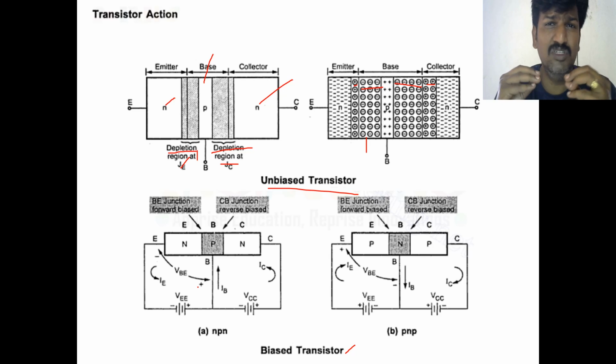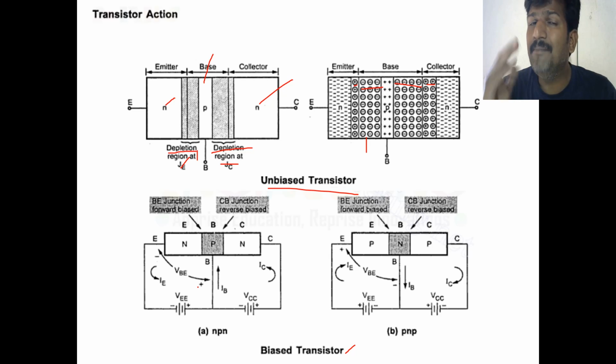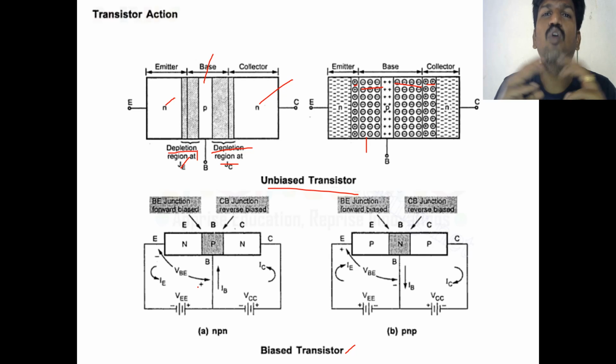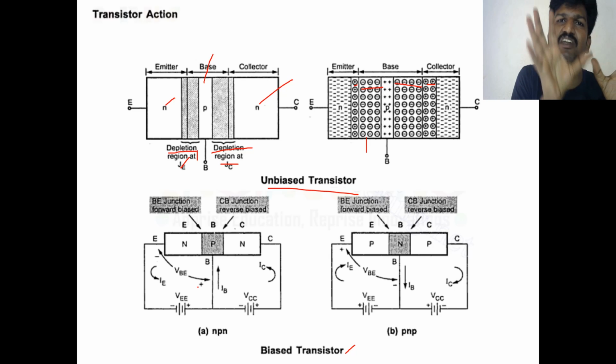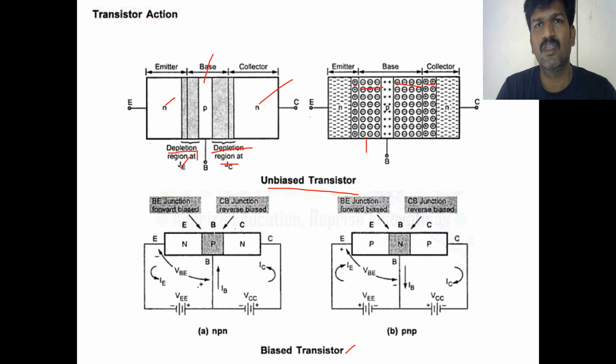One simple logic you should understand in the transistor: the emitter to base junction is always forward biased. It means the diode for the emitter to base junction is always forward biased, but the collector to base junction of the transistor is always reverse biased.